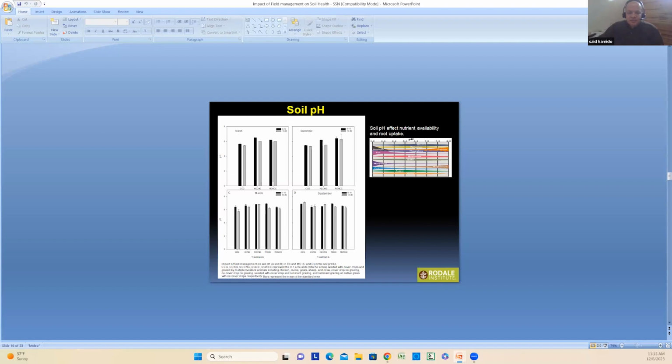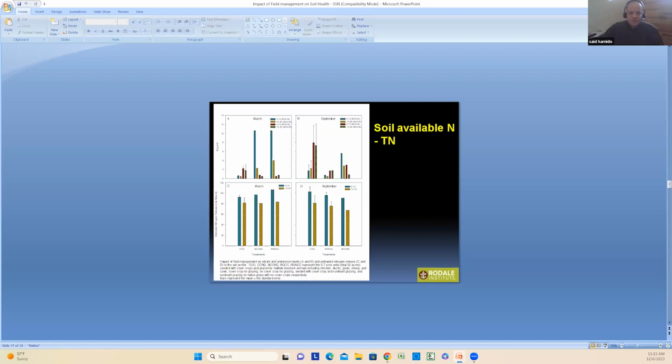And the good thing in the chemical part is that the soil pH is almost similar. We didn't see any significant change. All of them or most of them are within the 6 range in both Tennessee and Missouri. However, for the available nitrogen, we have seen some changes because of the management.